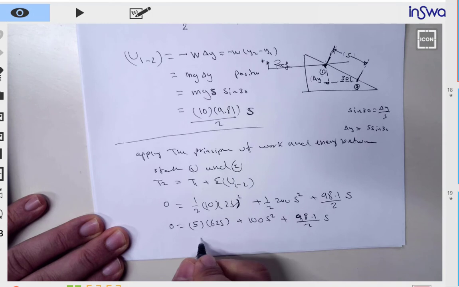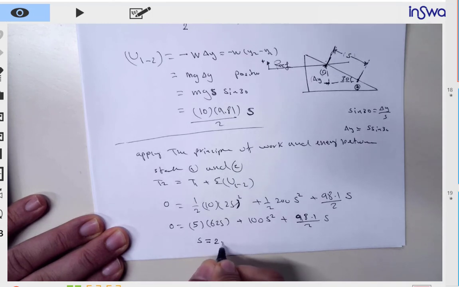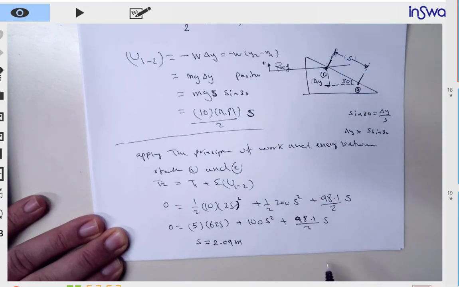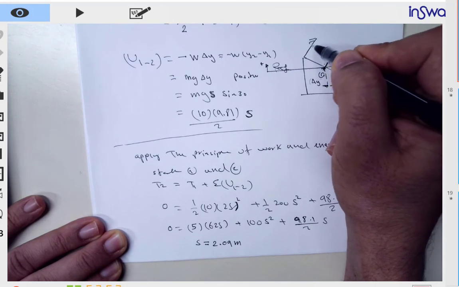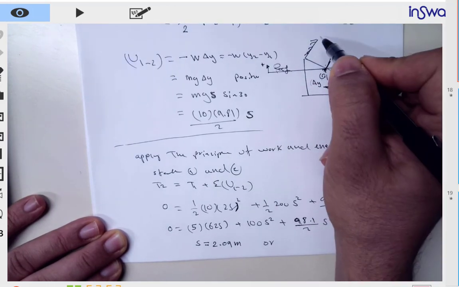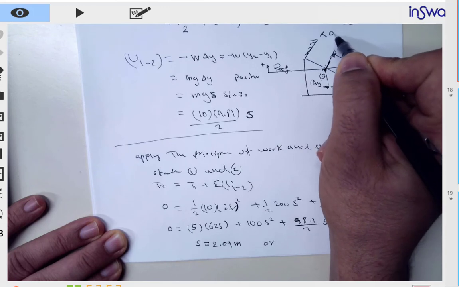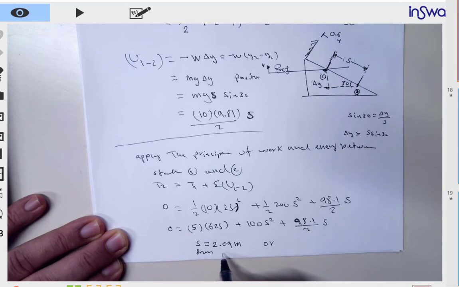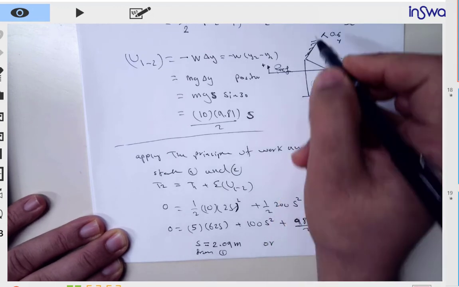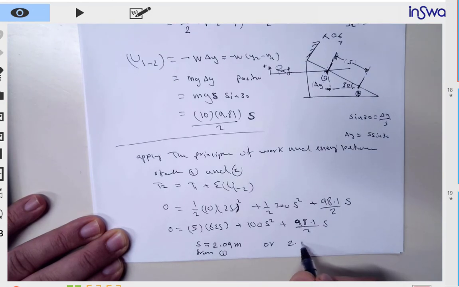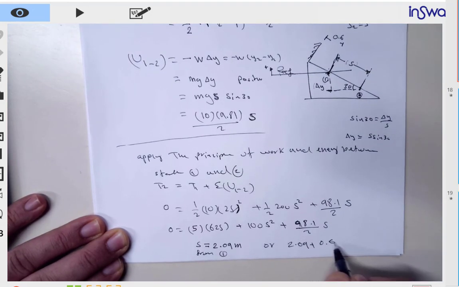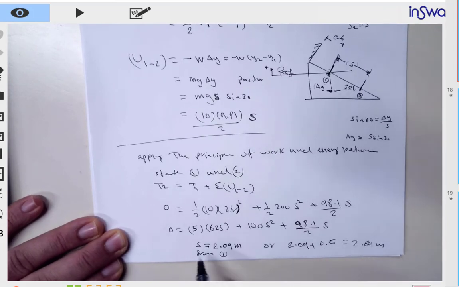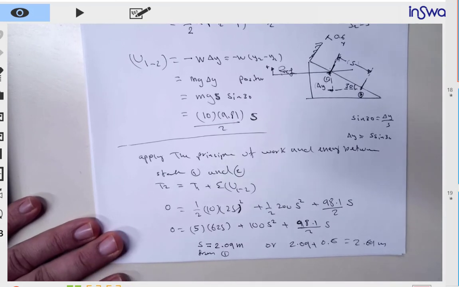Solving this will lead you to s equal to 2.09 meters. So this distance is 2.09 meters. If you want to measure it from state 1 instead of this reference, you can just add this position, so it's equal to 2.09 plus 0.6, which is 2.69 meters. I know in the textbook they just plugged in a different reference, but I did that on purpose.